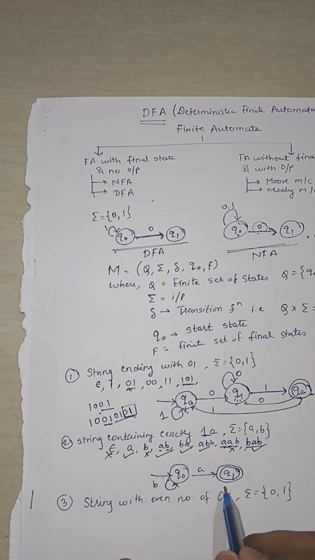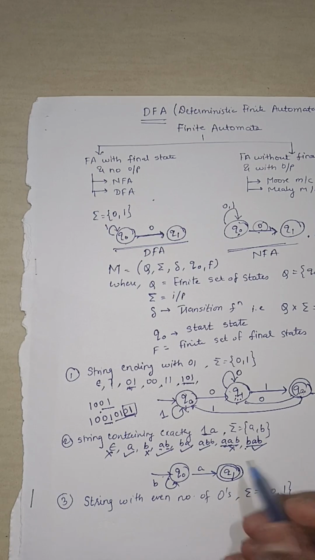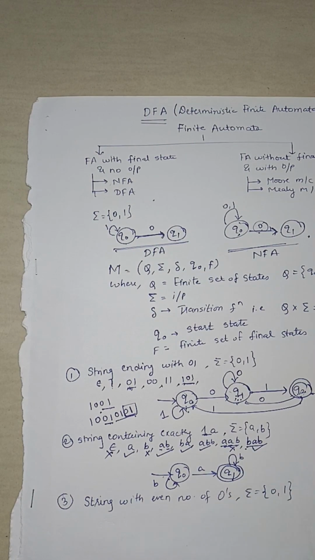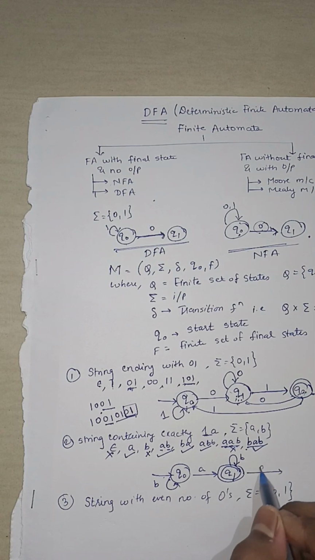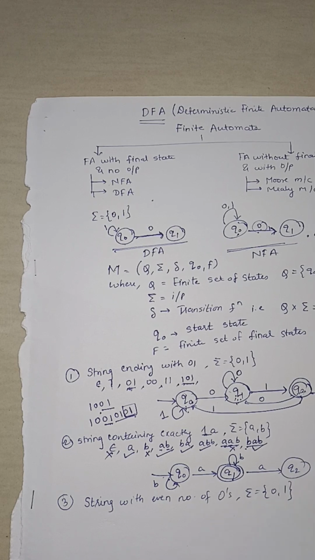Now see, this state will also get A and B, means we can get A or B. If it receives B, no issue, we will stay on the final state only. But if it receives A, means there is more than one A, so then we have to reject it. Then we make a transition to another non-final state Q2.